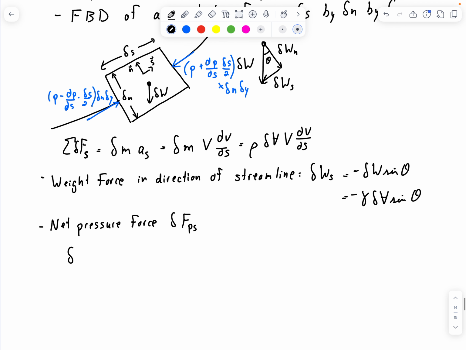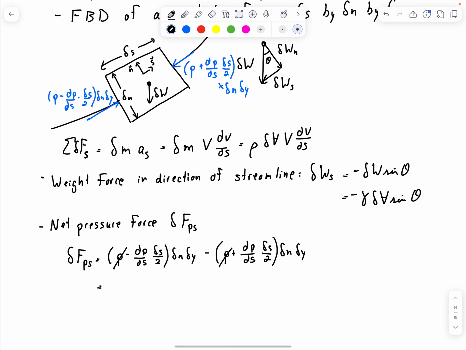And so if we add those two together, delta FPS would become equal to P minus del P by del S times delta S over 2 times delta N delta Y minus P plus del P by del S times delta S divided by 2, again, times the area of that face, delta N times delta Y. So we see what happens here is that this P cancels out with this P, and we're left with negative 2 times del P by del S times delta S over 2 times delta N delta Y, because those two terms combine with each other.